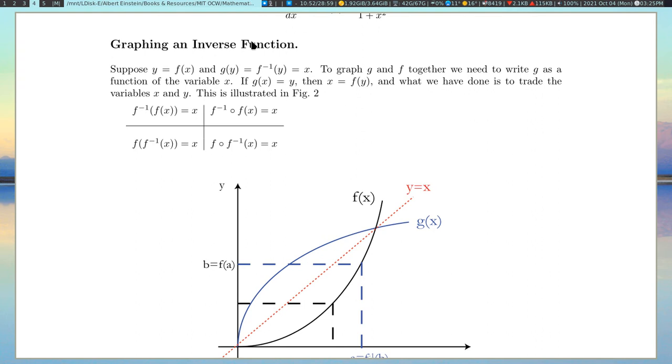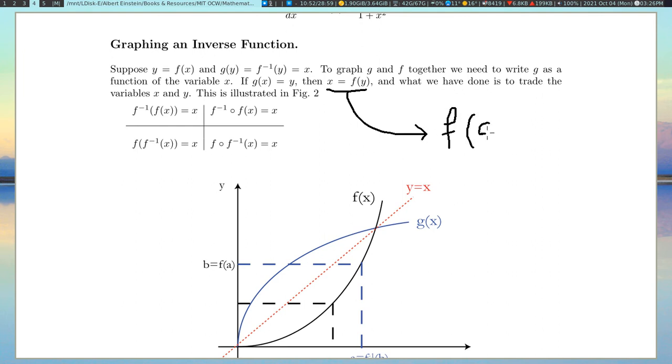Do you understand why, if g of x is y, x can be equal to f of y? Yeah, the y of g is the x of f, something like that. Not literally, but you have to think again. What happens when we replace y with g of x?